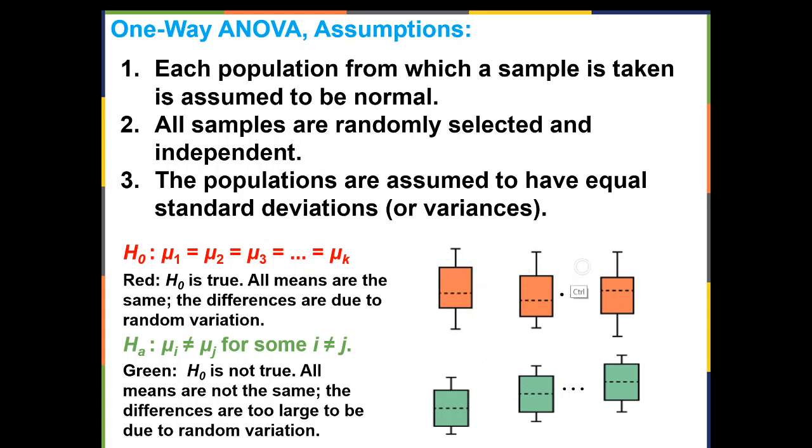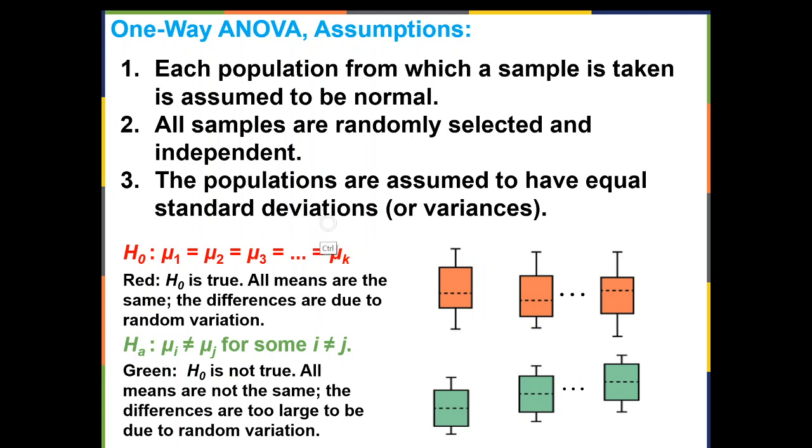So you see, what we want to do is to see if the differences in the value of these means, right here, are big enough for us to reject that the mu's of the populations that they come from are the same.